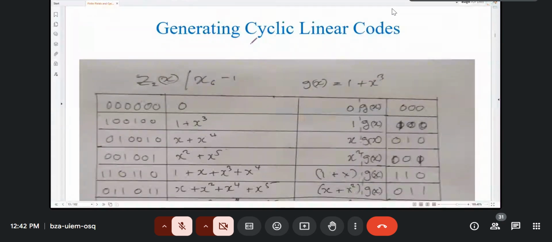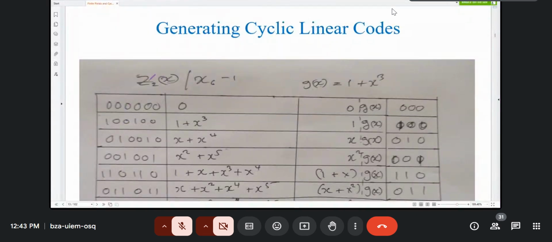So, like here, we have generated a cyclic linear code. We are using polynomials with coefficients in mod 2, mod another polynomial. So this is a polynomial mod another polynomial, but this polynomial has got coefficients in mod 2. So 2 is equal to 0. So it actually means where you're dealing with binary.